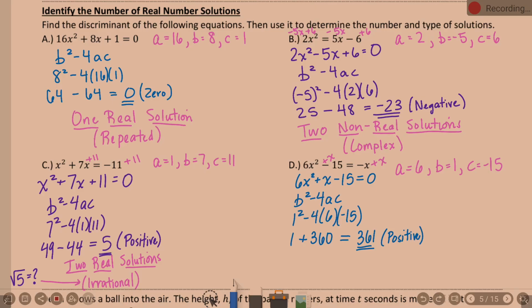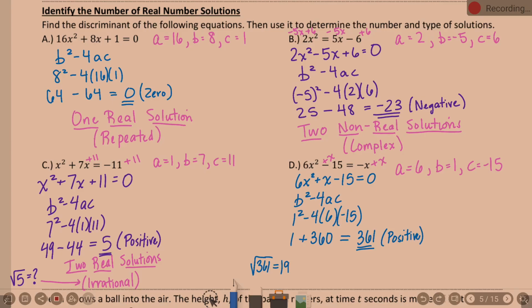Now, square root of 361, that's not one I know off the top of my head. But the calculator is our friend here, yes? And the square root of 361, according to the calculator, is 19. That means when I do my plus or minus, I'm going to be doing plus or minus 19.